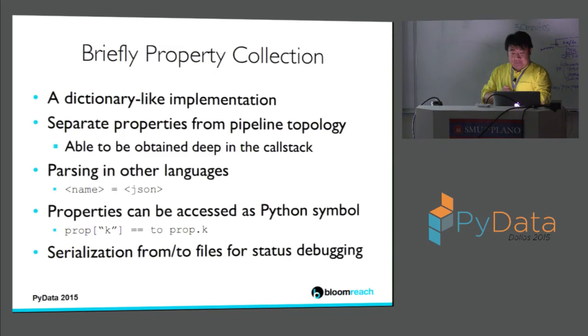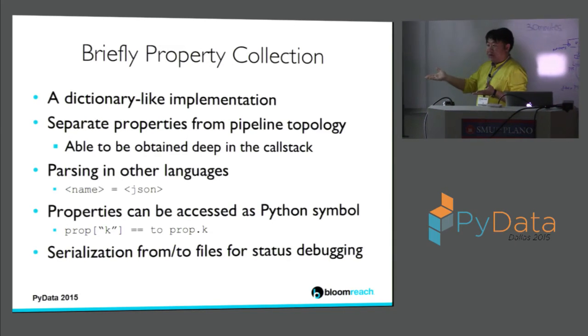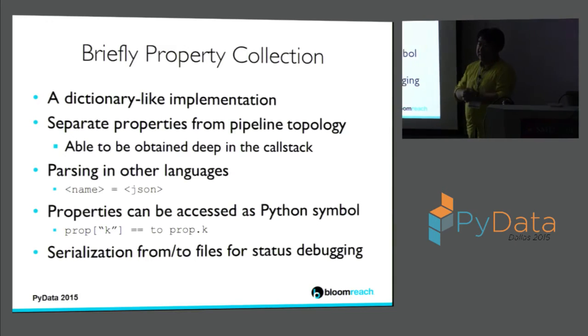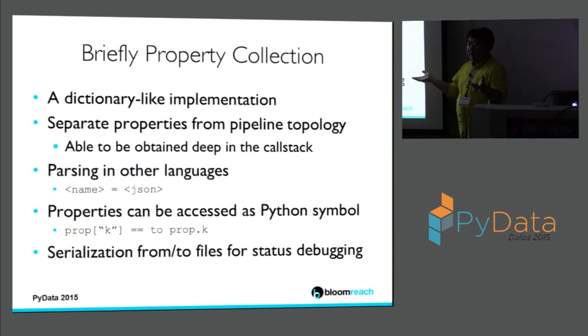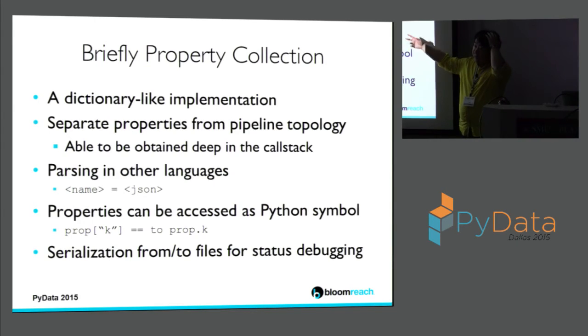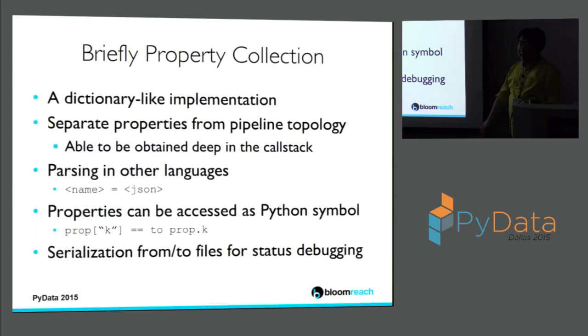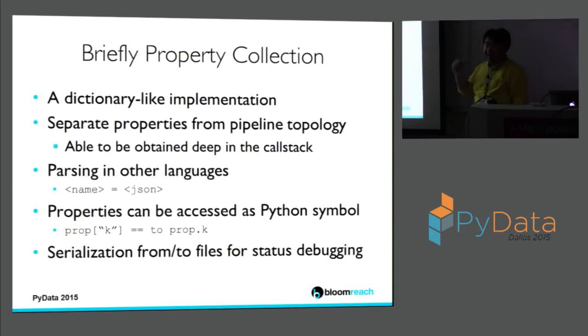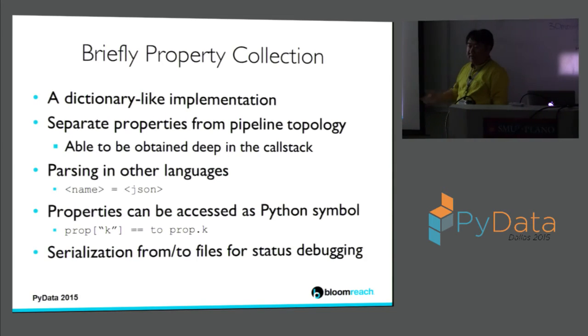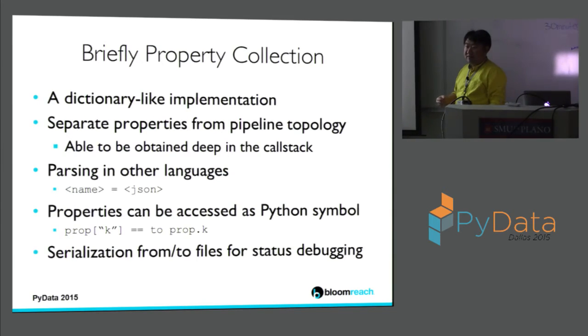Also, you can package your configuration in a sort of serialization way. Imagine that you want to handle your configuration in a different programming language than Java, and you can do that easily because our format is just a name equals some JSON. And this gives you a lot of power. You can use any language which has a JSON parser, then you can parse it directly.